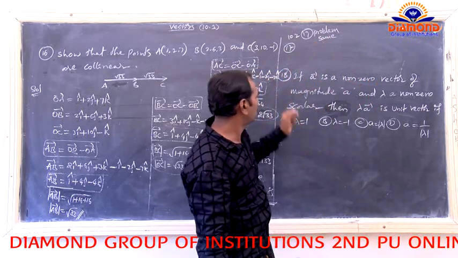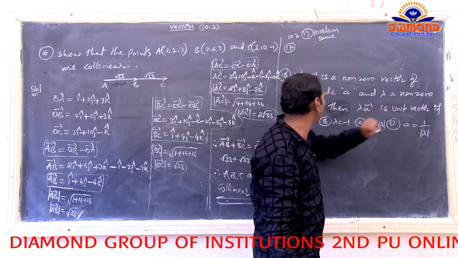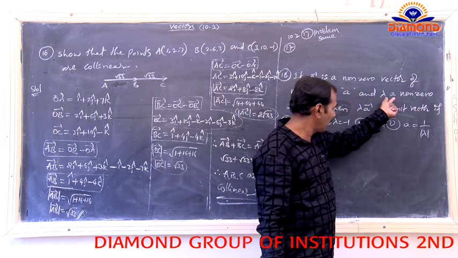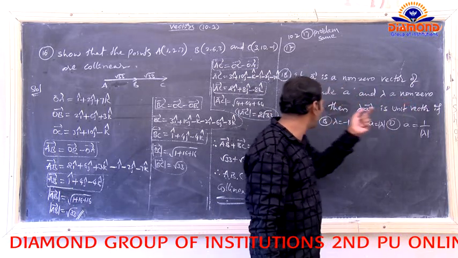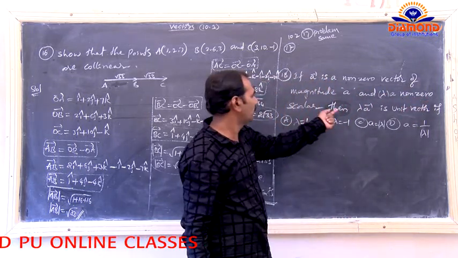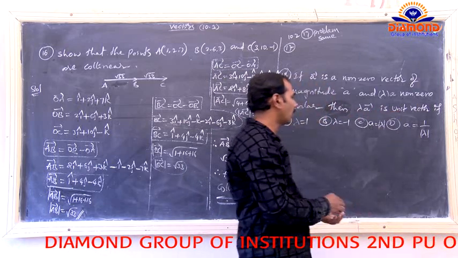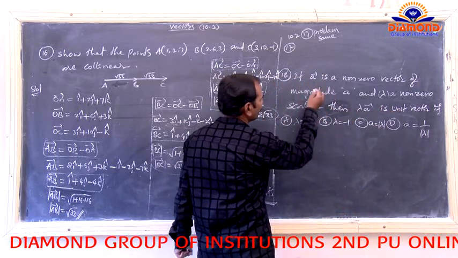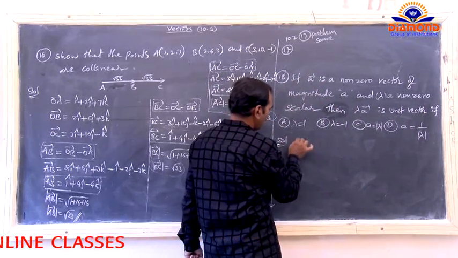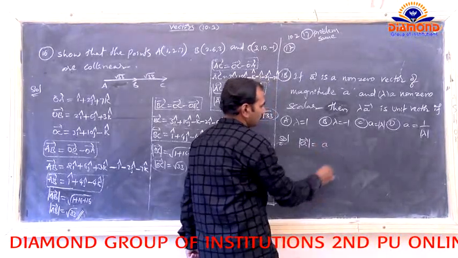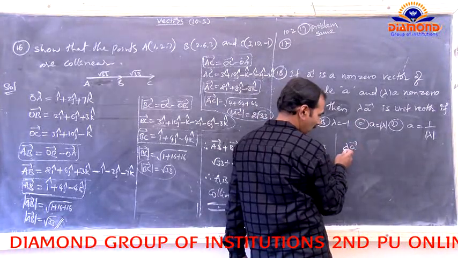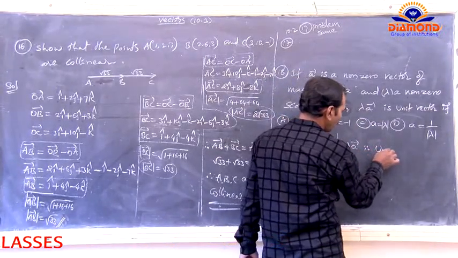Next, 18th question. If A bar is a non-zero vector, magnitude is A, and lambda is a non-zero scalar, then lambda A is a unit vector if so. Here magnitude of A bar is A, and magnitude of lambda A bar is 1 because it is a unit vector.